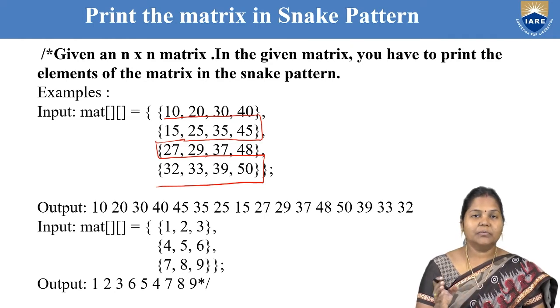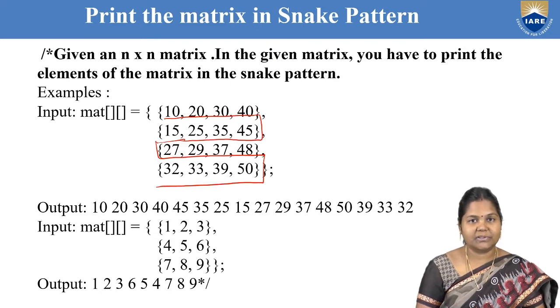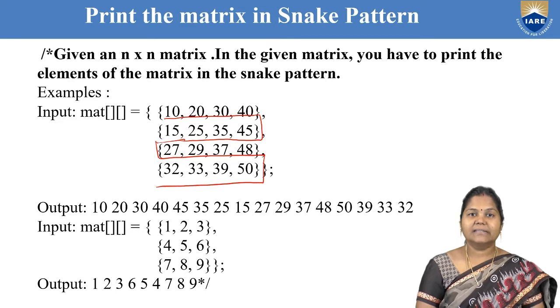Whenever you follow this ordering, it forms a pattern that is called a snake type pattern. In each row, even and odd, the elements are printed in the opposite order. So, this pattern is called snake pattern.